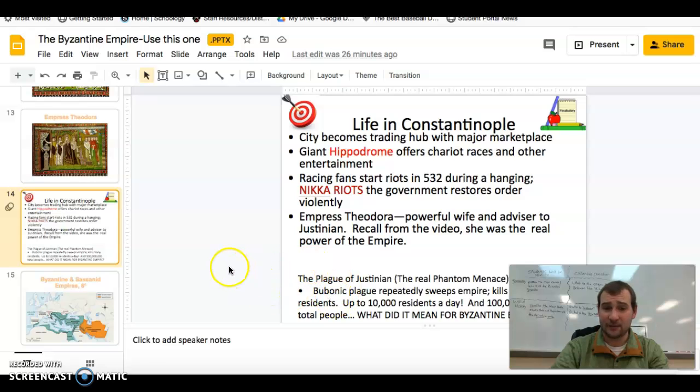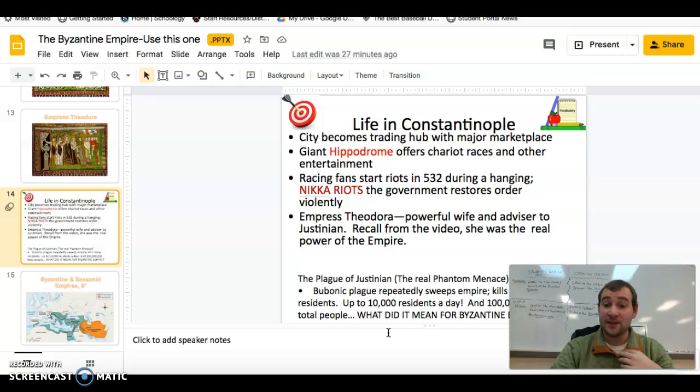The next problem that comes up is the plague of Justinian, aka the bubonic plague, that sweeps through the Byzantine Empire and kills up to 10,000 residents a day. You can see the numbers there. But when the plague comes through, the people of the Byzantine Empire blame Justinian, and they blame Theodora because of their marriage and the situation where she was a stripper and all that stuff.